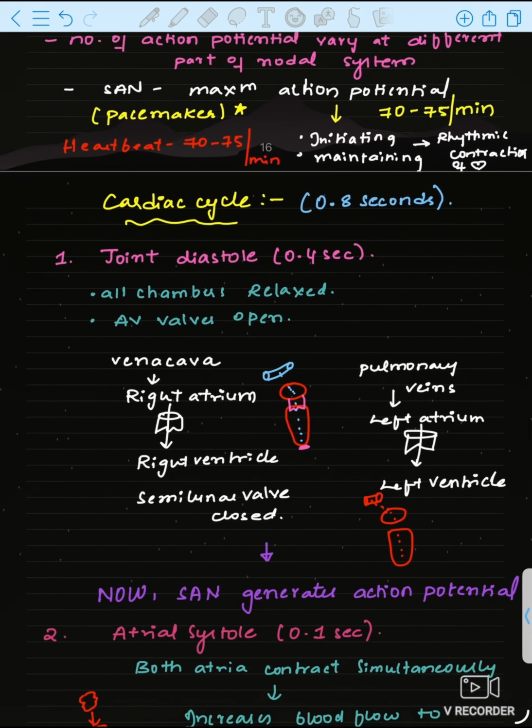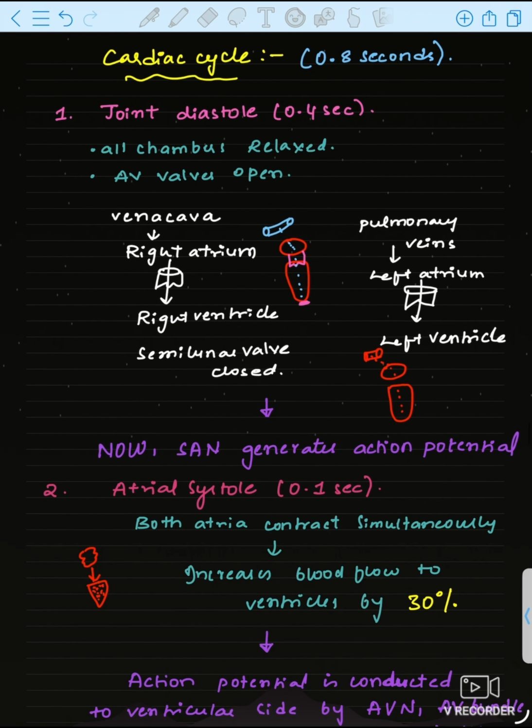Now we will discuss the cardiac cycle. Actually this is very conceptual, and if you understand, it is easy. You have to remember the cardiac cycle is about 0.8 seconds. There are 3 stages. The first stage is joint diastole.